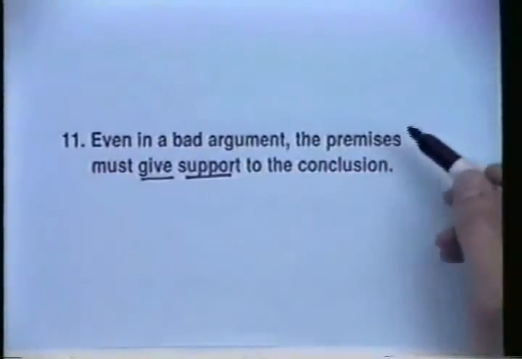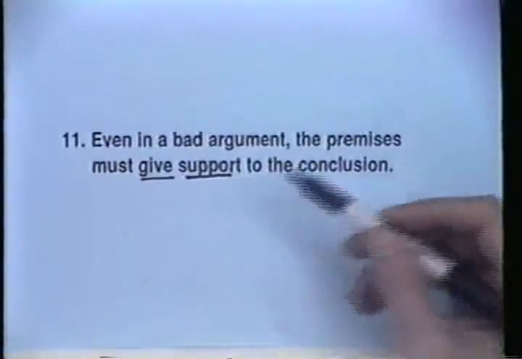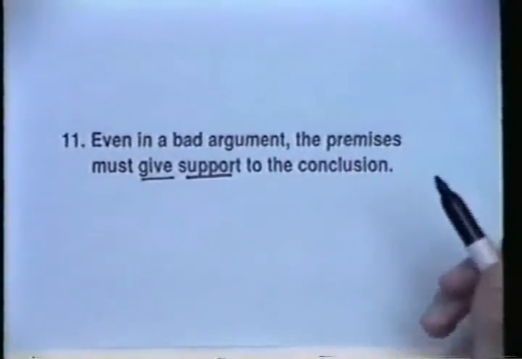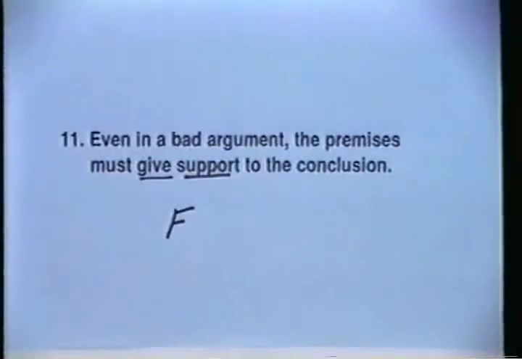Well, an argument is bad when the premises actually fail to give support to the conclusion in the way that the arguer intended. So, even in a bad argument, the premises must give support to the conclusion? No, though it is true that in a bad argument, those premises are intended to give support. It just so happens they fail to do that.